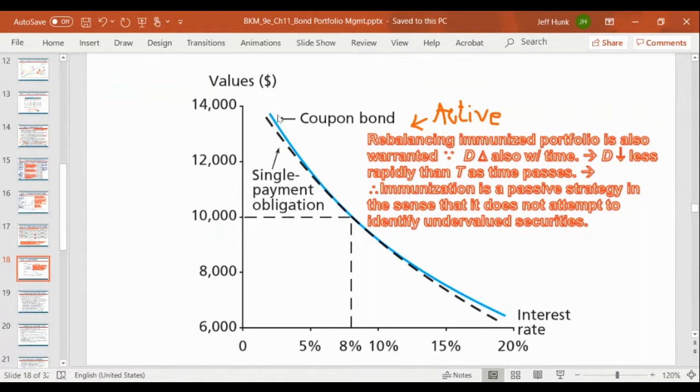Think about it. This solid curve is representing the value of the coupon bond, right? The value of our assets, right?